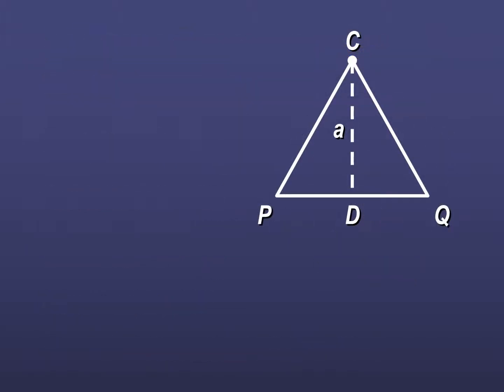Okay, so using that information, let's say that we know this side is equal to 4, and that means that side is equal to 4. And if this is a perpendicular, it splits this 4 in half, so this is 2.